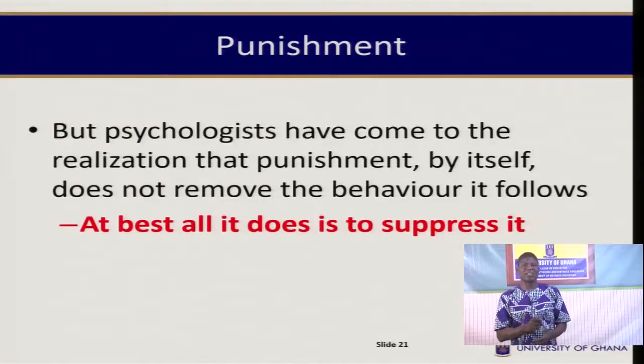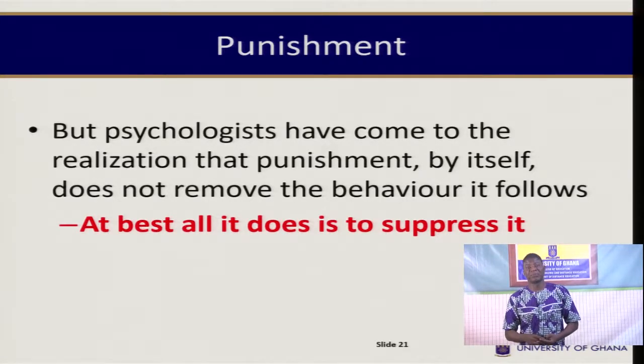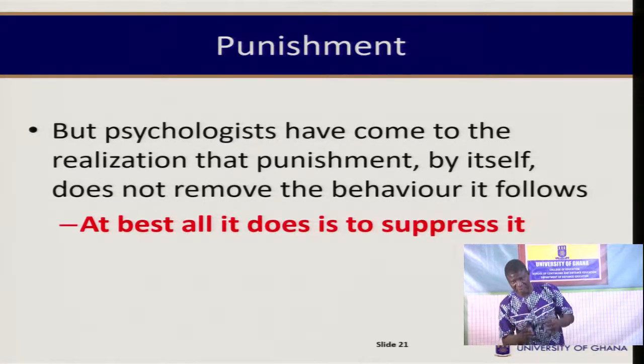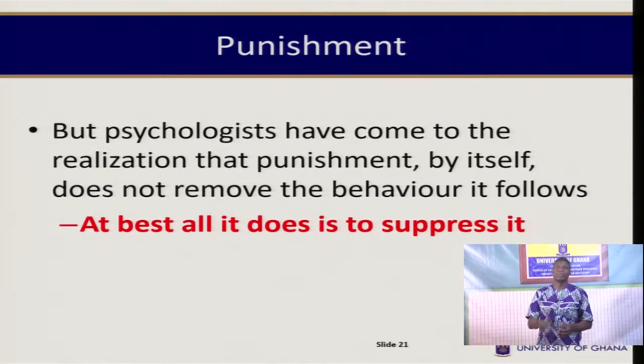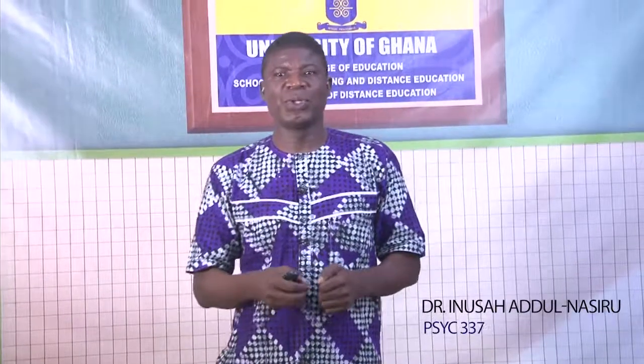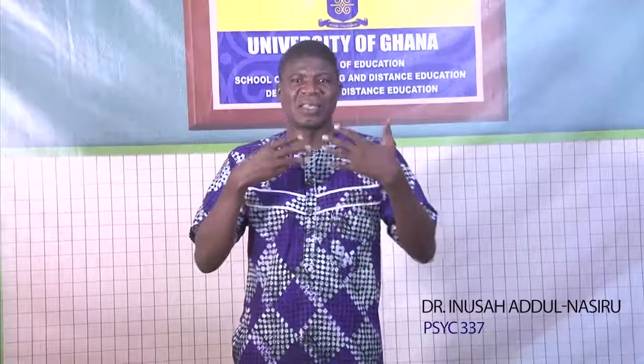Psychologists have come to the realization that punishment by itself does not remove the behavior that it follows. At best, what it does is it suppresses it. It's just trying to draw our attention to the fact that we should not be using punishment as one of the strategies for removing behavior.